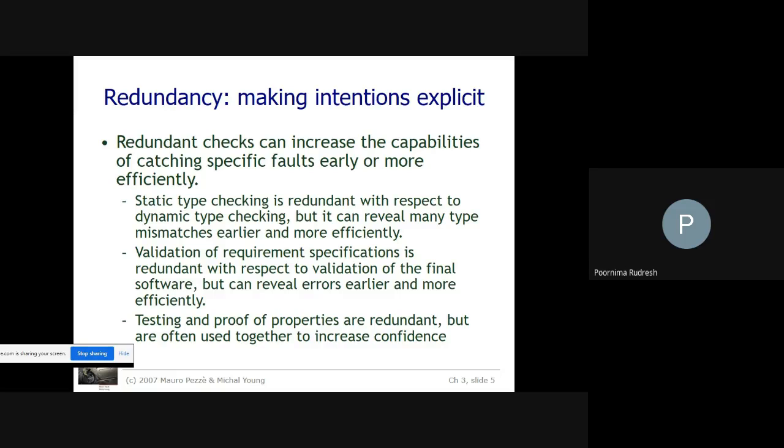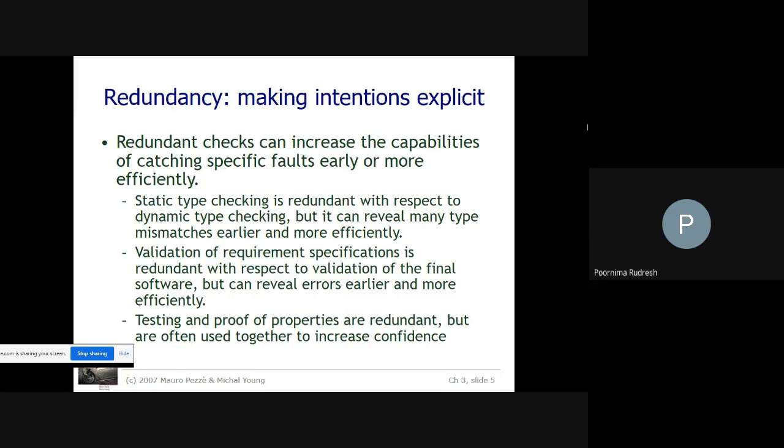Okay, and the next one is validation of requirement specification is redundant with respect to the validation of the final software, because during the first phase of software development, we are collecting the requirements, and once the requirements are collected, the final phase is implementing the system for the collected specifications. So if we validate or compare the collected requirements with the implemented software, and the software gives the output which is expected according to the requirement specification, then we say that the software is redundant.